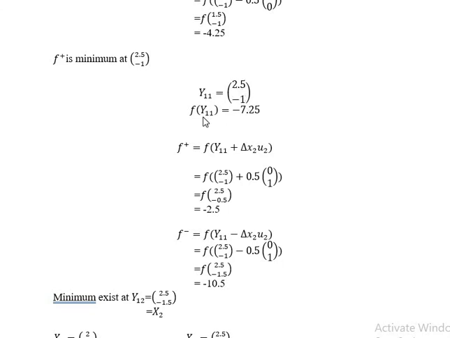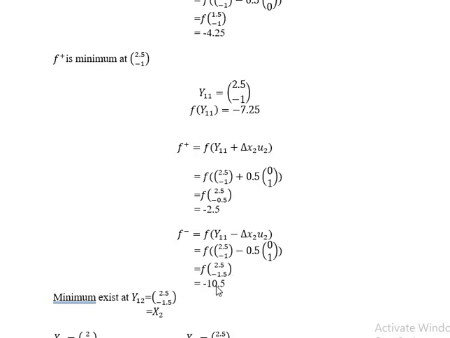Then we calculate the function at y11: f at y11 equal to minus 7.25, and f plus and f minus at that point. F plus equal to f of y11 plus delta x2 u2, that is along the y direction, along the vertical direction. After calculation we will get minus 2.5. F minus equal to f of y11 minus delta x2 u2.